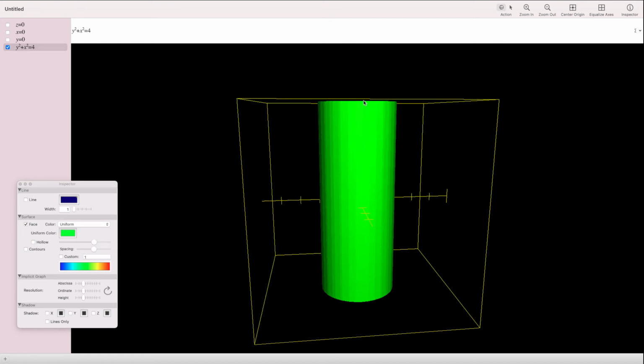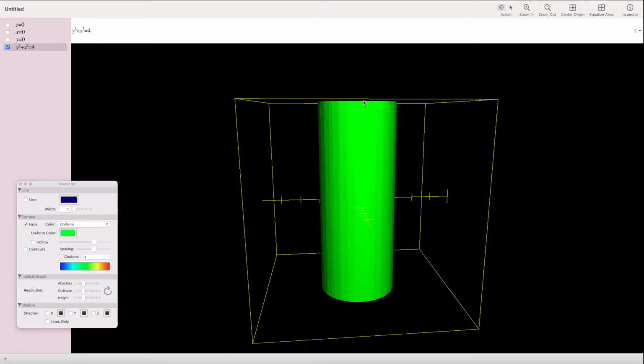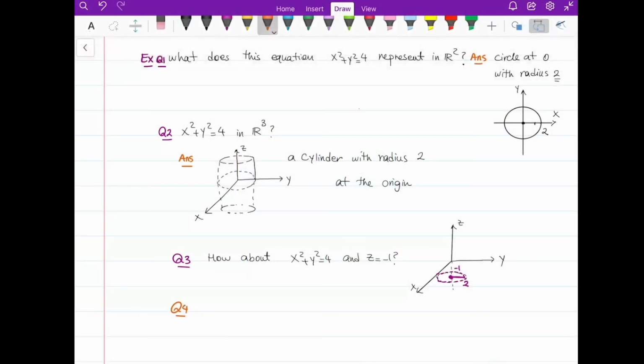Very good. Let me ask you one more question. This is question 4. What is this one? How about x squared plus z squared equals 4? What do you think?